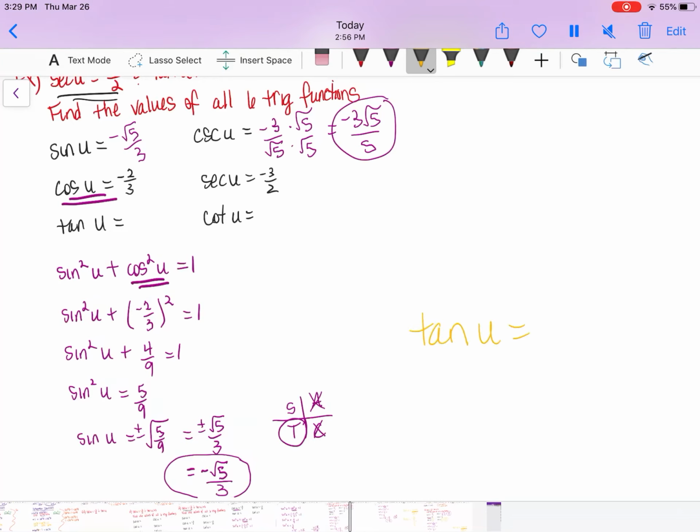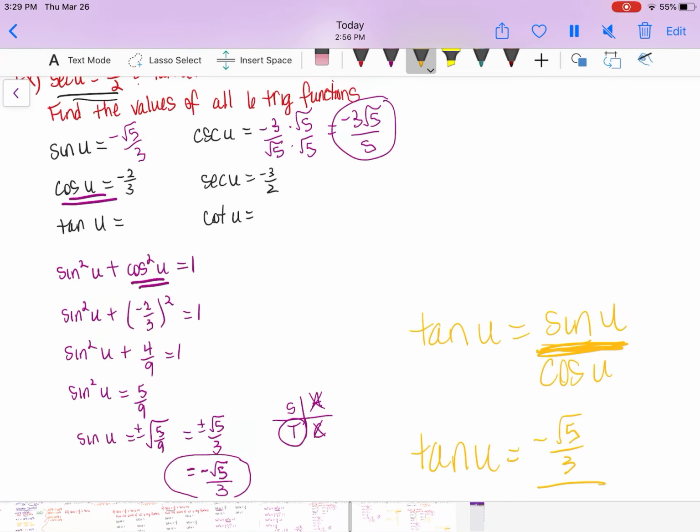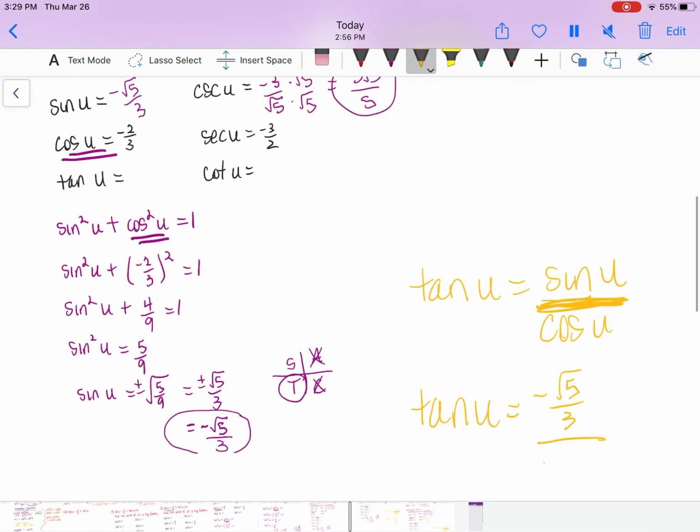I know that tangent of u is equal to sine of u over cosine of u. Okay. Well, we found our sine value to be negative radical 5 over 3. So I'm going to say tangent of u is equal to negative radical 5 over 3, and then cosine was found to be negative 2/3.